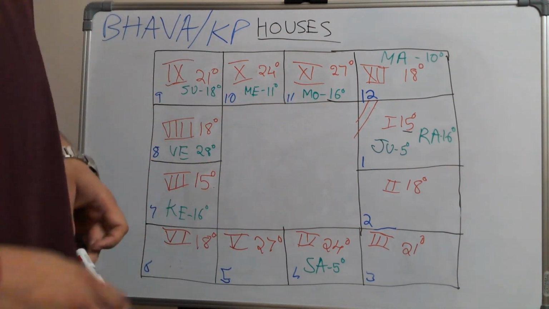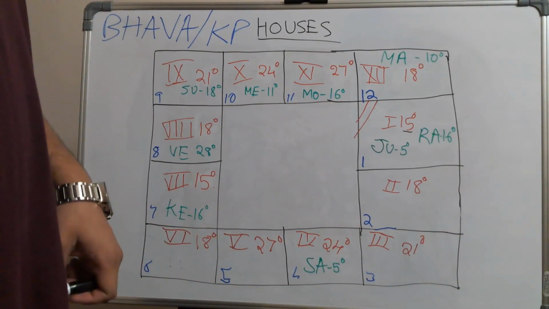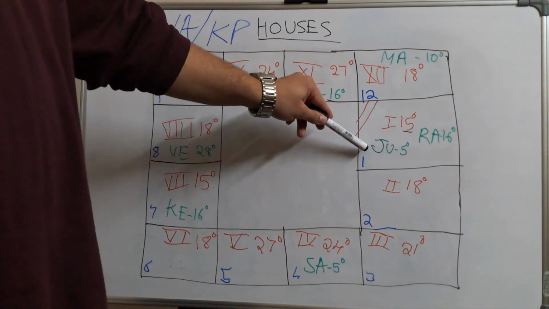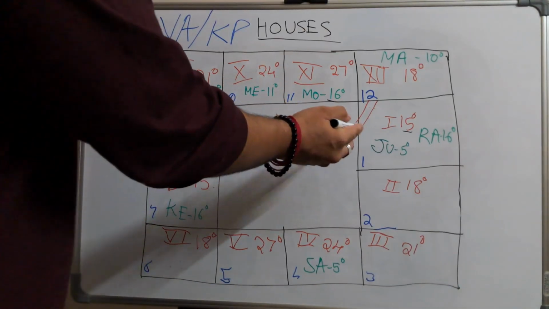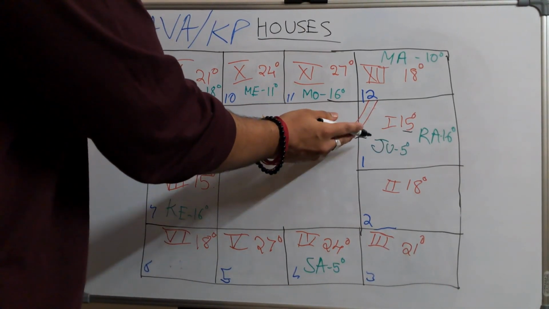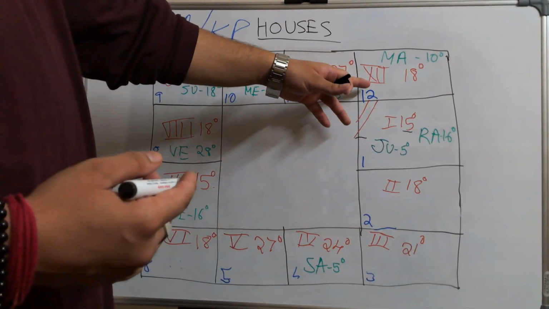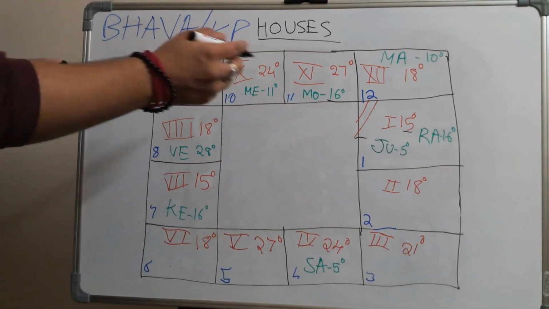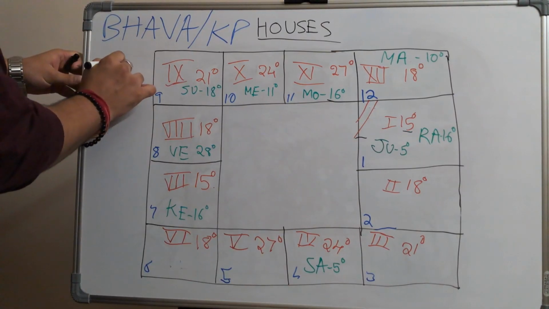Okay, this first house is starting at 15 degrees. So Jupiter here is showing 5 degrees. So Jupiter is before 15 degrees, so Jupiter belongs to the 12th house. So Jupiter equals 12th.